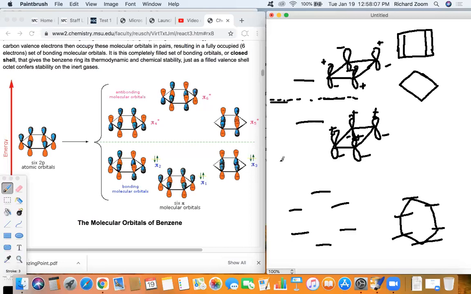Now the other 2 cases are the other 2 possible combinations. So we can do plus, plus, minus, minus, and then plus, plus, minus, minus. And then the other one here, see that's for this one. And the other one here has the same energy.